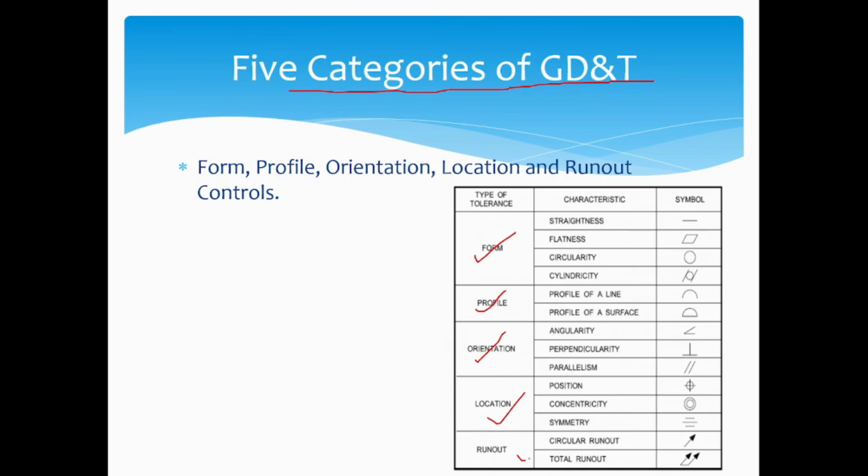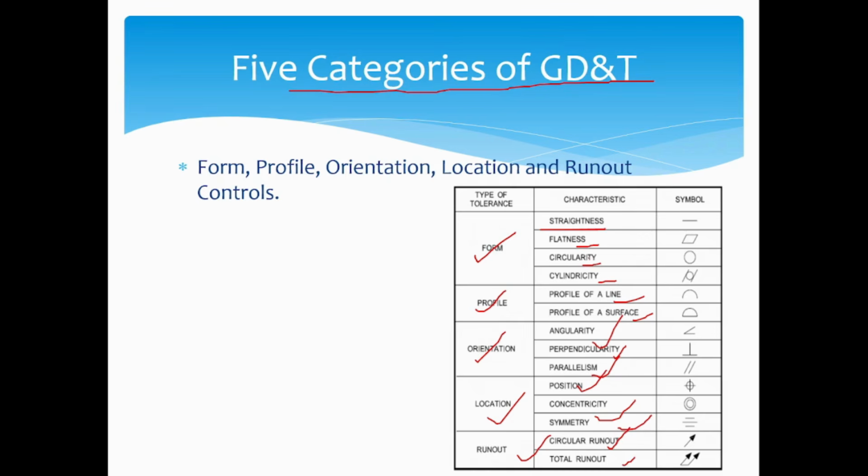In form, there could be straightness, flatness, circularity, cylindricity. In profile, there can be profile of a line and surface. In orientation, there can be angularity, perpendicularity, parallelism. In location, there can be position, concentricity, symmetry. In runout, it can be circular runout or total runout.